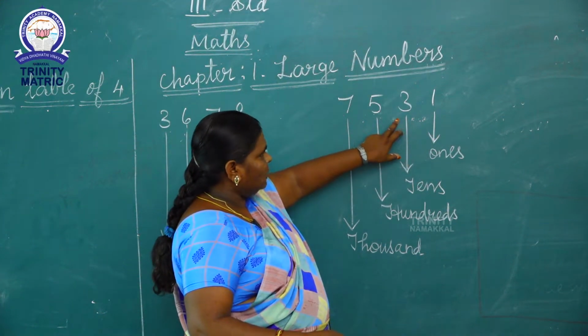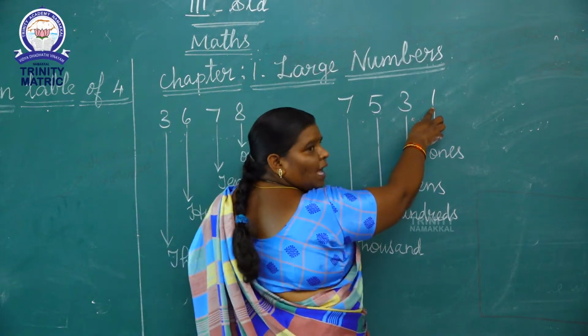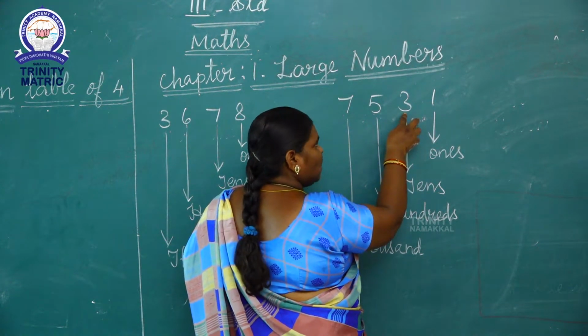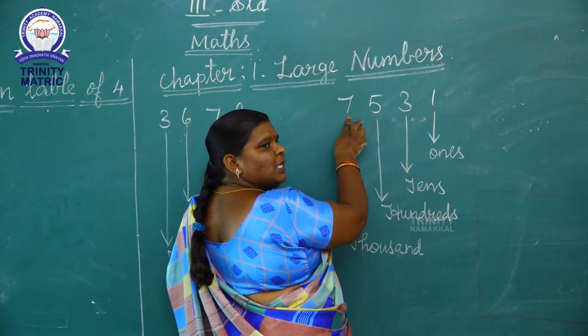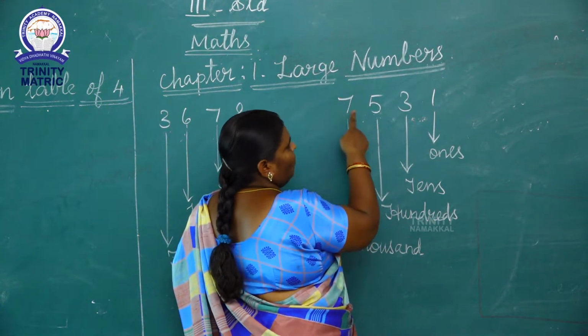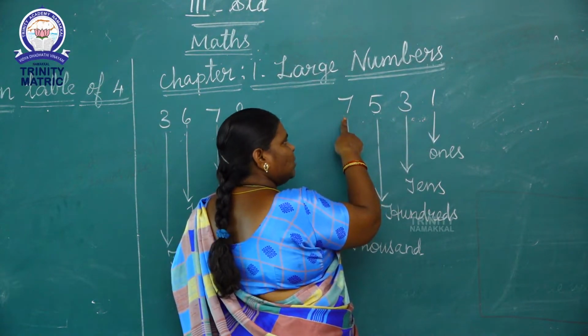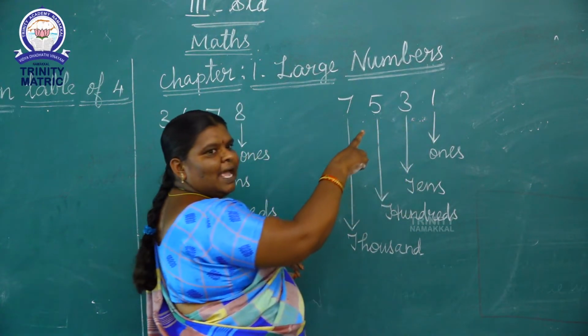Ones, tens, hundreds, thousand. How many ones have? One only. How many tens have? 3 tens. How many hundreds have? 5 hundreds. How many thousands have? 7,000. So you read this number: 7,531. Say again, 7,531. Are you clear, children?